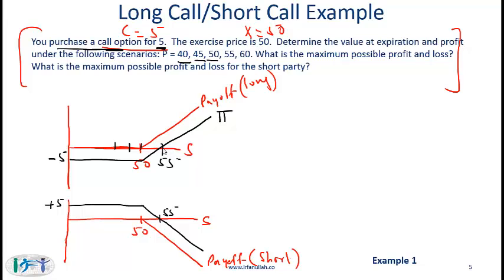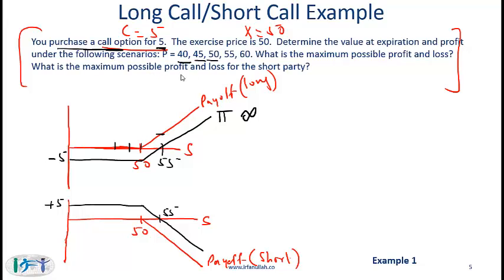The break-even point is 55 because at 55 we have a payoff of 5, which offsets the $5 paid for the call option. The maximum possible profit is infinite and the maximum loss is -5, which is the amount that has been paid for the call option.